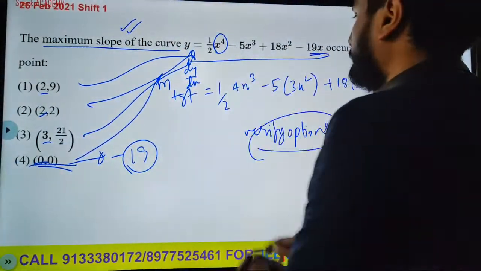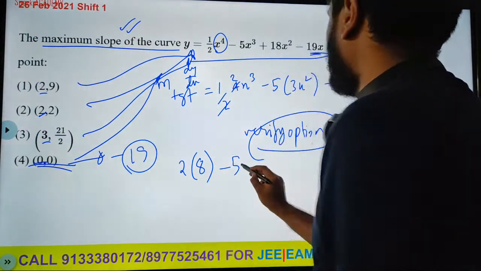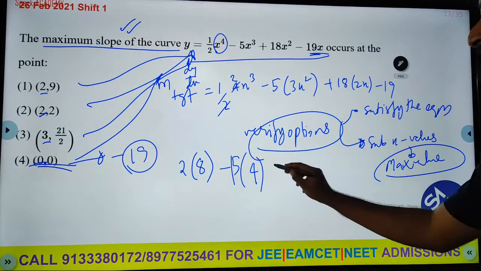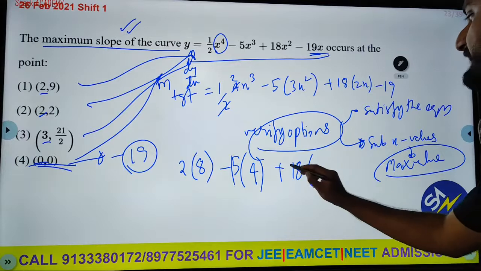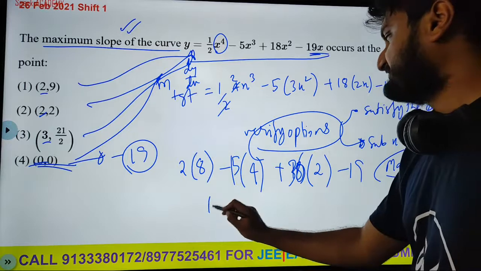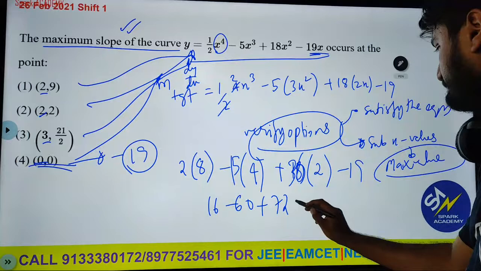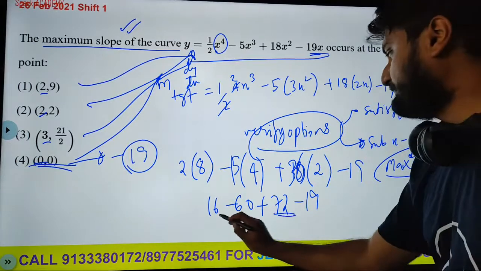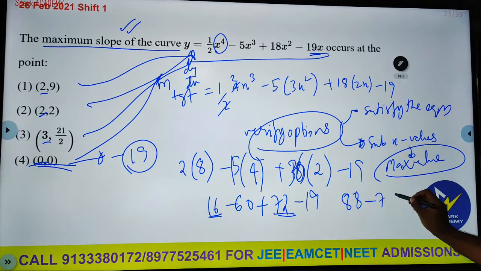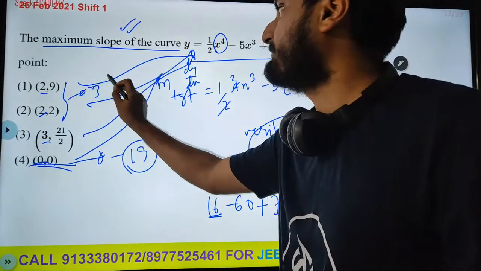If you substitute 2, what is happening? 4 into 2 cube is 8, that is 32, minus 5 into 3 is 15 times 2 square is 4, that is 60, plus 18 into 2 is 36 times 2, minus 19. So 32 minus 60 plus 72 minus 19. Basically when you substitute 2, you get slope as 3.